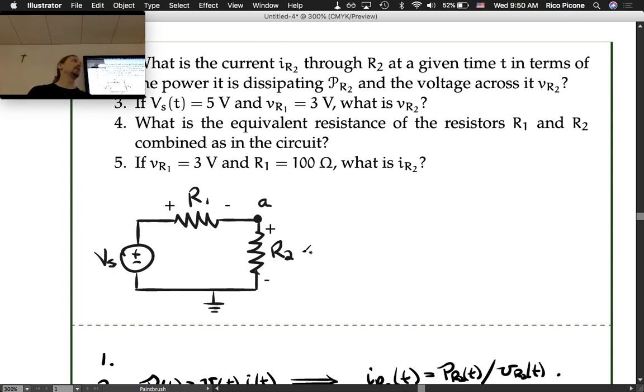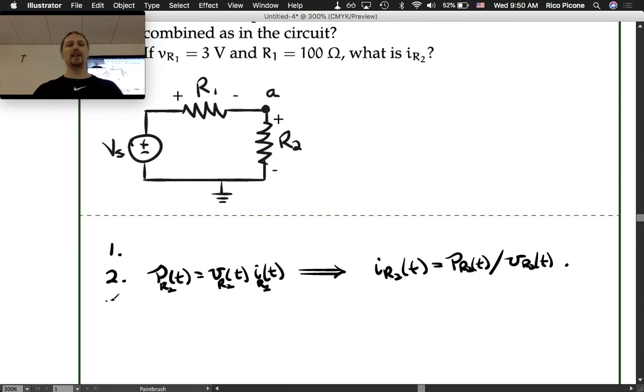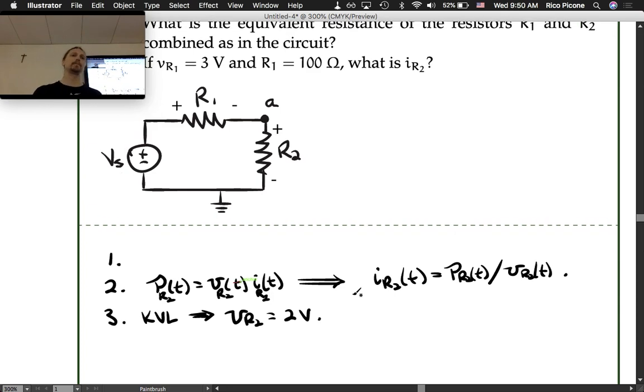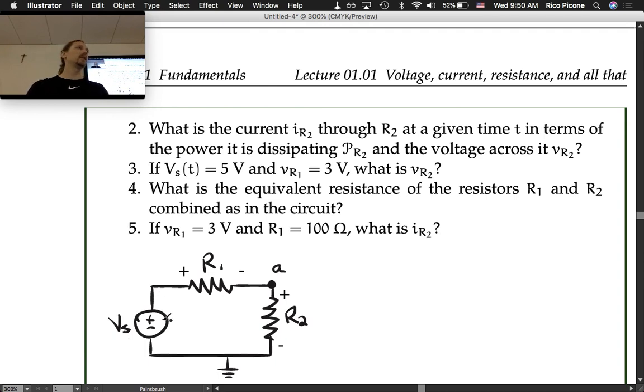What did you implicitly use when you said that? Kirchhoff's KVL. KVL told you that VR2 must be equal to 2 volts. Exactly. If you go around the loop, you should get 0 volts total.